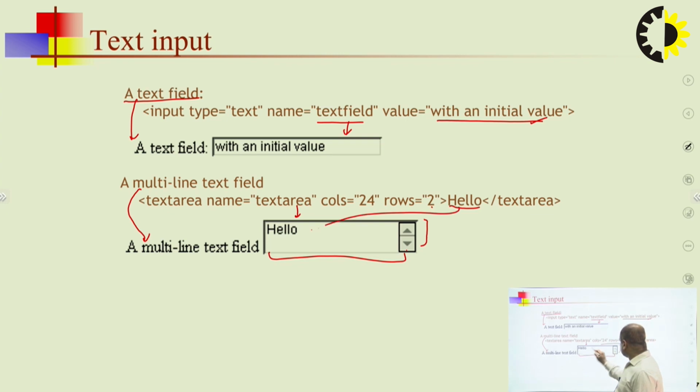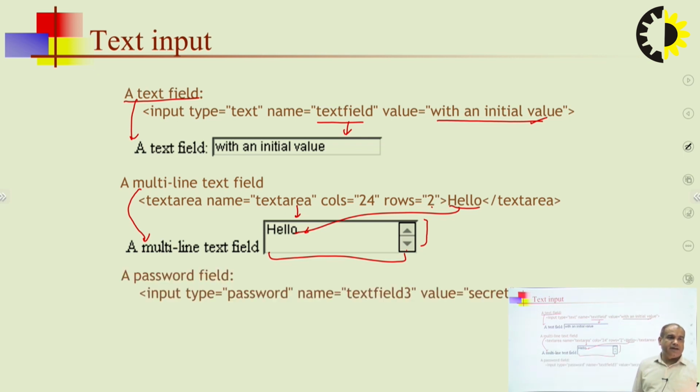This value is going to appear here. That is the meaning of textarea. Text field and textarea are different. This represents a text field, a complete text box. This represents a textarea.